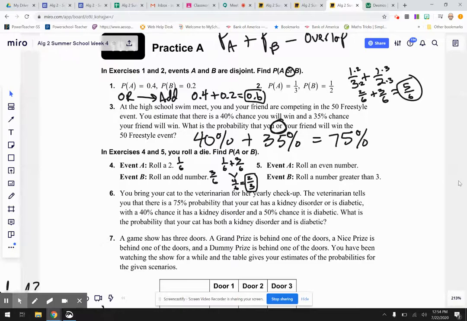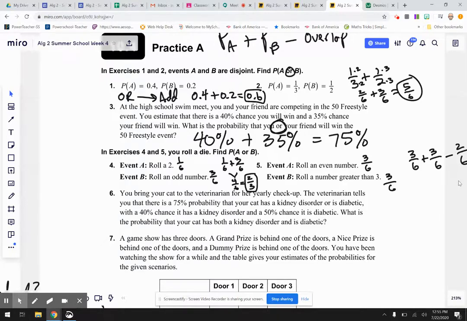But when you look at number 5, what's the chance of you rolling an even number? There's 3 even numbers, 2, 4, and 6. What's the chance that you roll a number greater than 3? That would be 4, 5, or 6. That's 3 of those as well. But 4 and 6 are also even. So 3/6 plus 3/6 minus the overlap of 2/6.